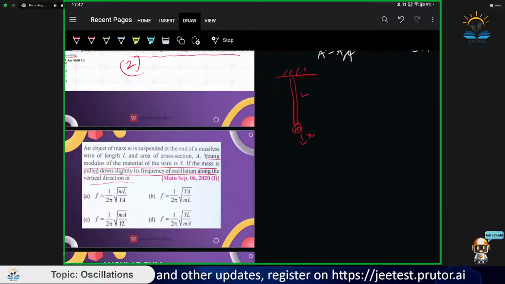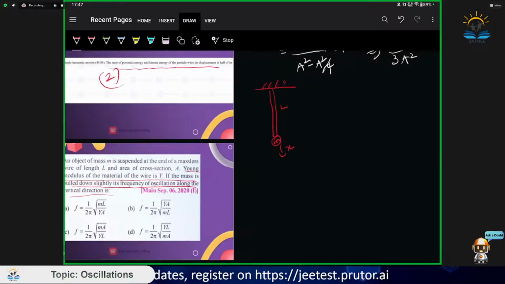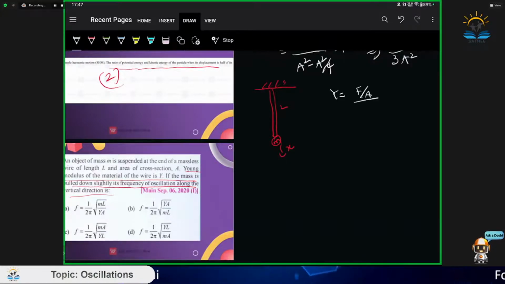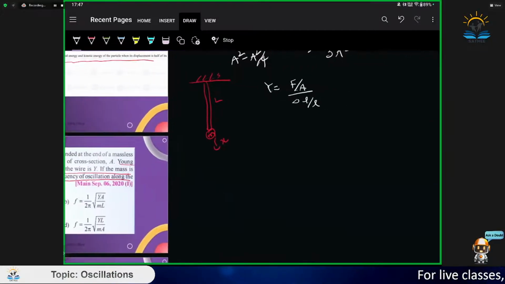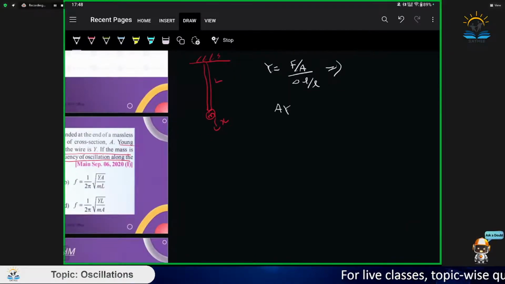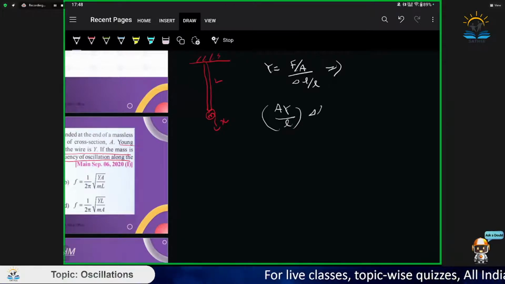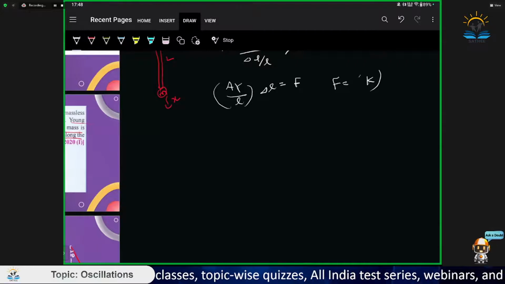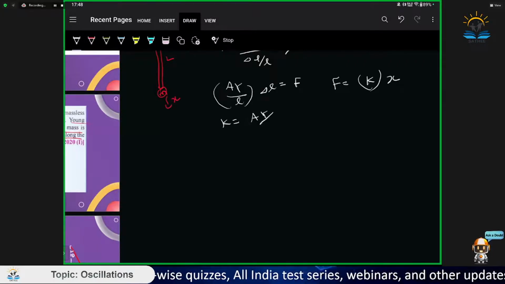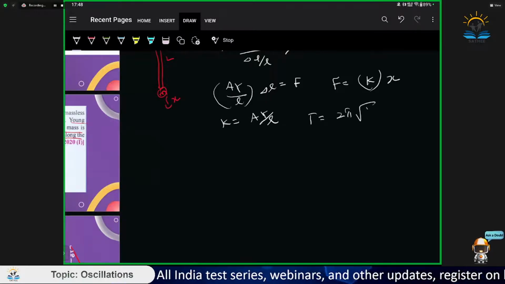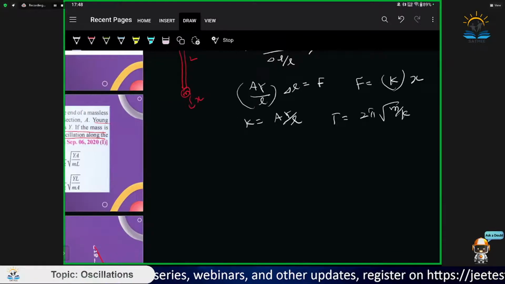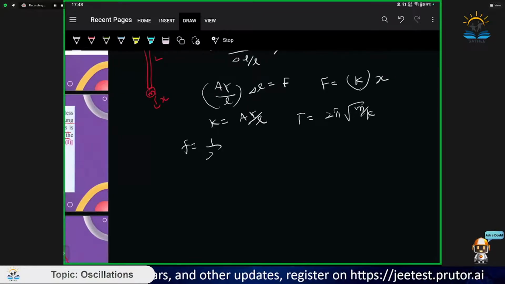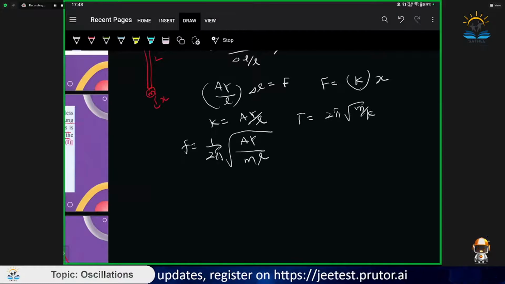If I displace it X downward, we know that Young's modulus is F by A divided by delta L by L. So here delta L is X. From this we can write AY divided by L into delta L will be F. So we got F equal to some constant into X. The constant K here is AY by L. And we know time period T equals 2 pi into root of M by K. But they ask frequency, so frequency will be 1 by 2 pi into root of K, here AY, by ML.